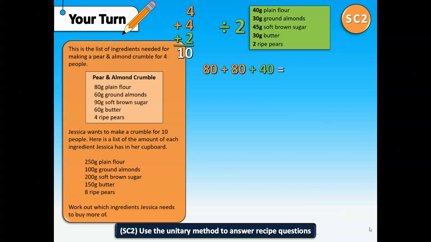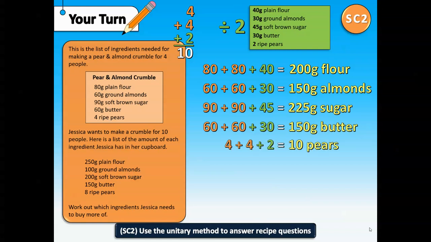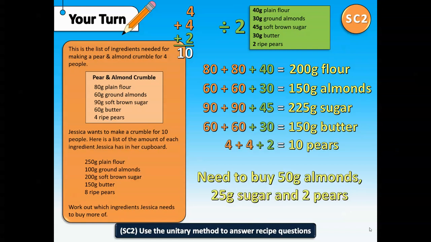So we need 2 lots of the crumble for 4 people and 1 lot for 2 people. So she needs to buy 50 grams more almonds, 25 grams of sugar, and 2 more pears.